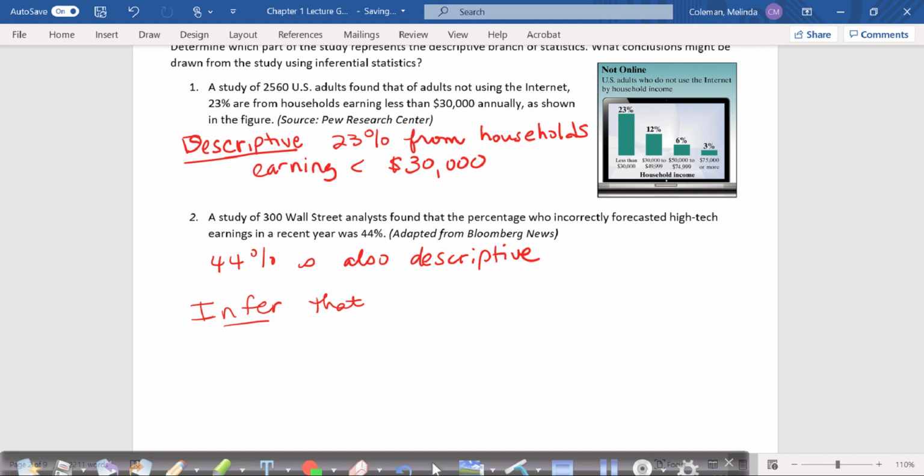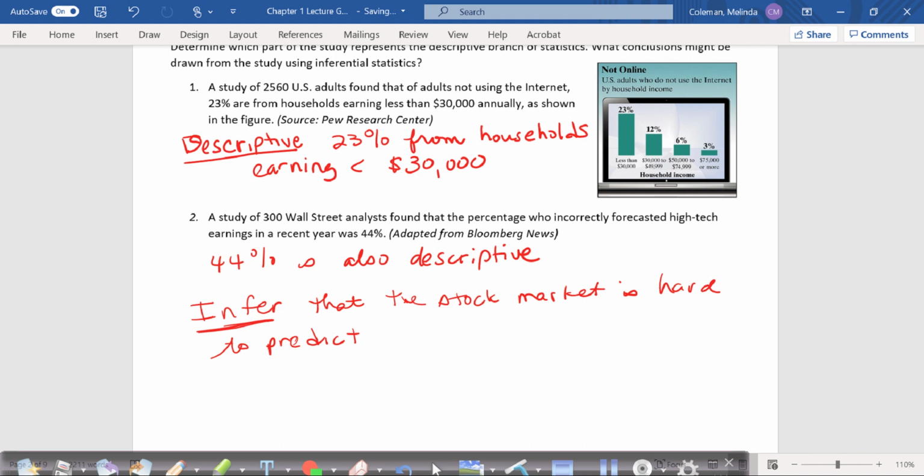So we might infer from this that the stock market is hard to predict. And that would be your inferential statistics, where you're actually making an inference.